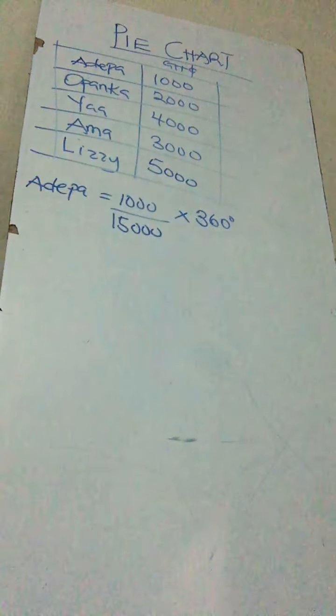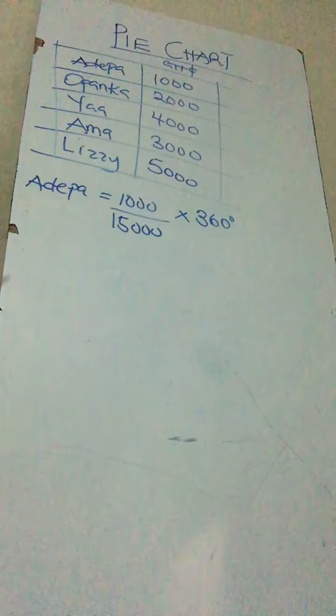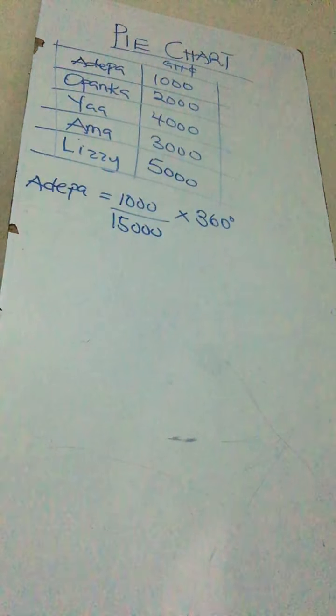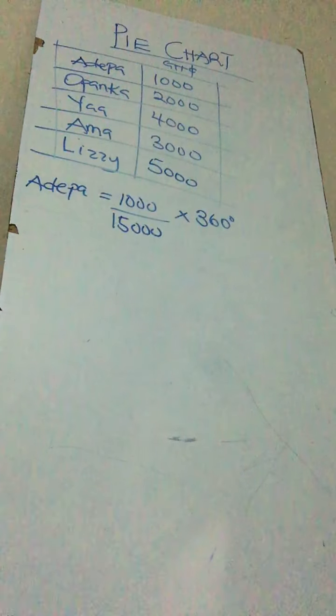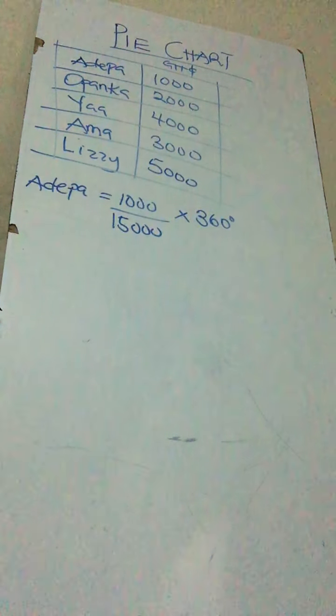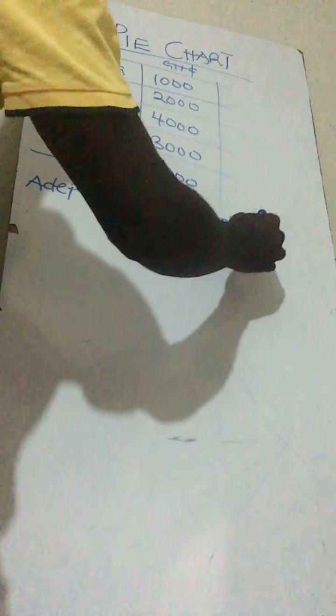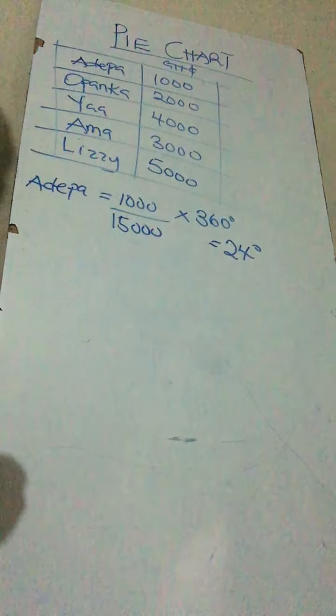Because we are converting all these to degrees, you have to multiply by 360. Are we okay? So you just use your calculator: 1,000 divided by 15,000 times 360. You get 24 degrees.